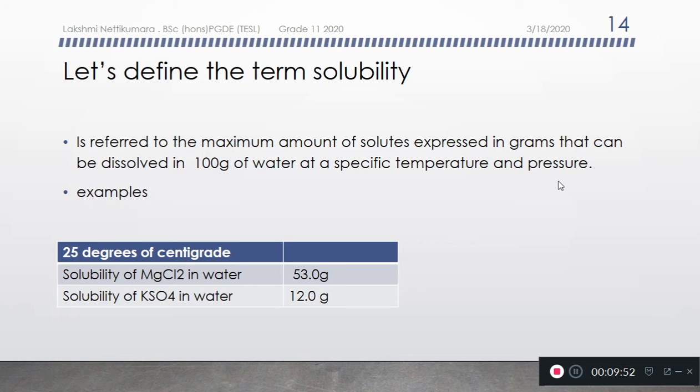So the given table gives you some examples of solubility of two substances in water. There you can understand that at 25 degrees centigrade, the solubility of magnesium chloride in water is 53 grams and the solubility of potassium sulfate in water is 12 grams.